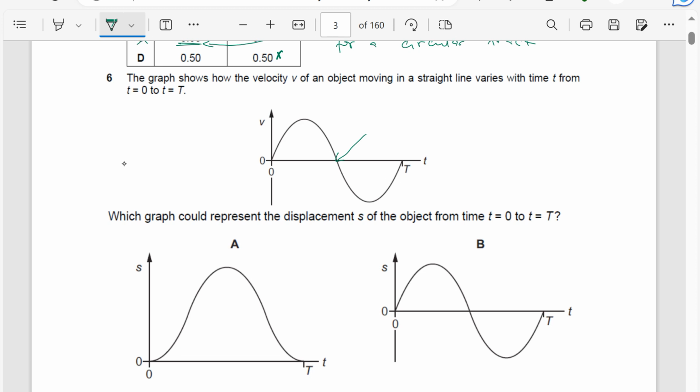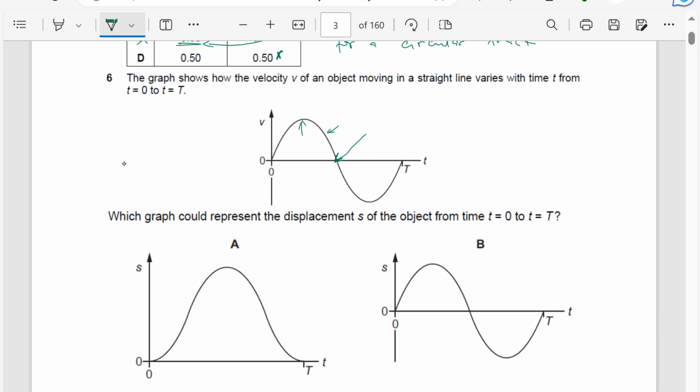The velocity was increasing, and then it became almost constant, where acceleration becomes 0, and then the velocity decreases back to 0. So increasing, it must have been going downwards. Here it must have been going downwards, and here it must have been going upwards. That's why it decreases to 0.